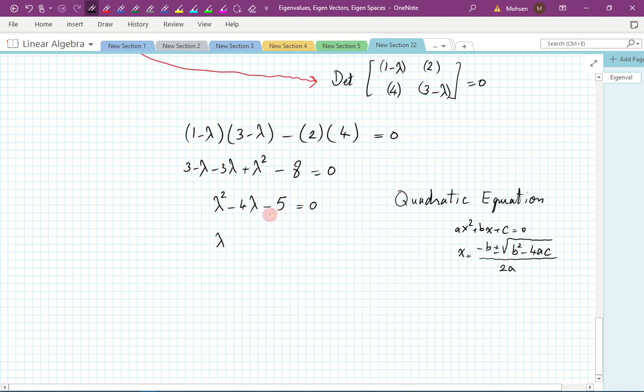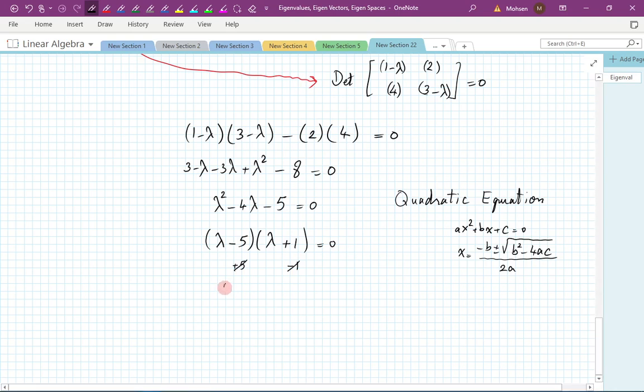Lambda, looking for two numbers such that the product is -5. The other option would have been +5 and -1, but that leads to +4, so that doesn't work. So you practice your factorization. You practice factorization for cubics too, because that's going to be coming up.